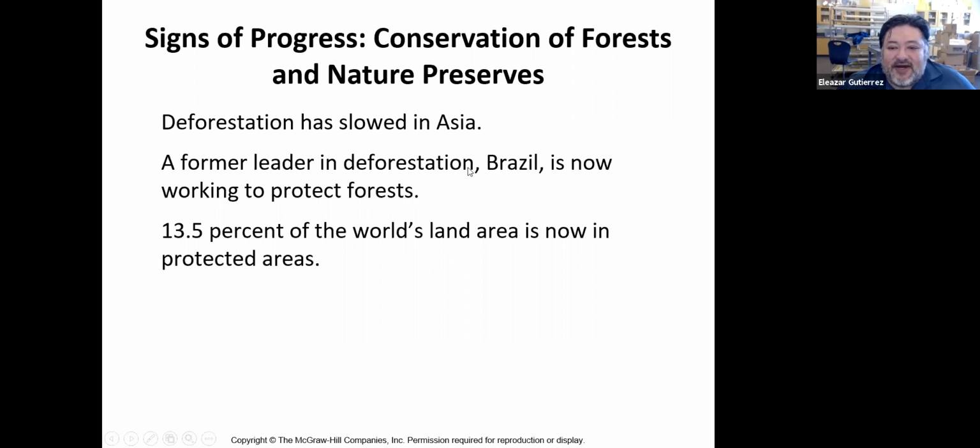So this is actually a bad point here. However, worldwide we are increasing the number of nature preserves and continue to fight poachers and illegal harvesting of endangered animals. So that's important.